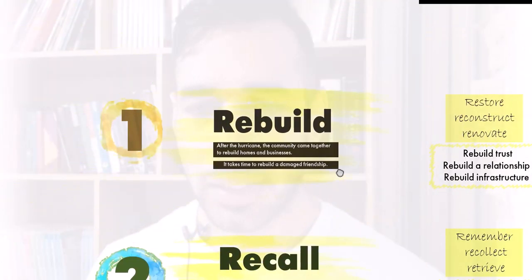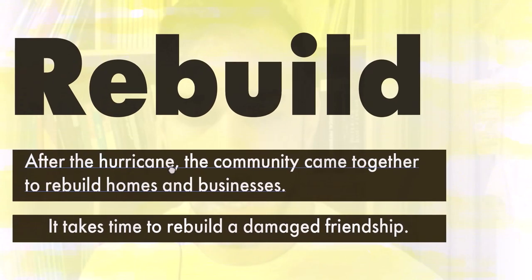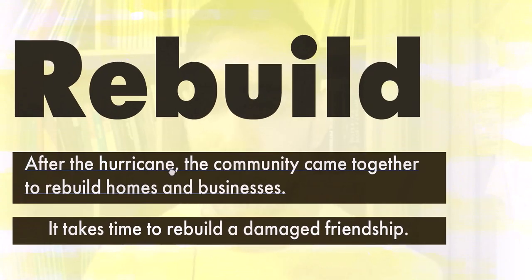Okay, let's read 2 sentence examples. After the hurricane, the community came together to rebuild homes and businesses. Because the homes were destroyed, because the businesses were damaged, we need to rebuild them.